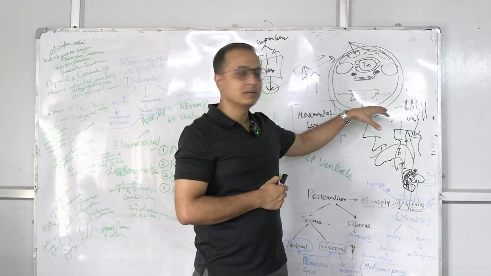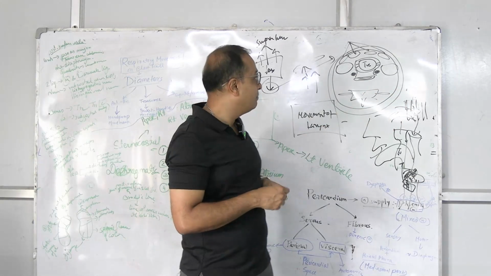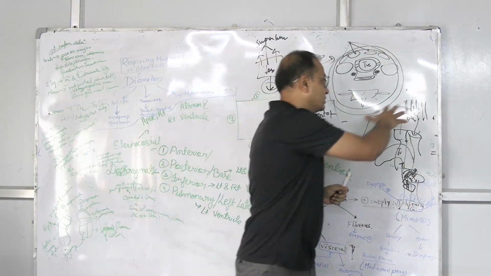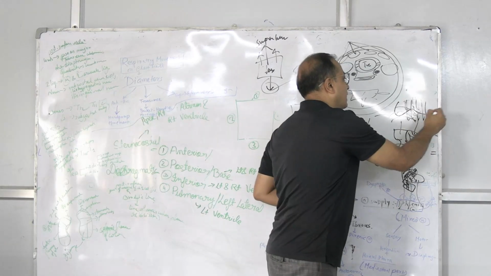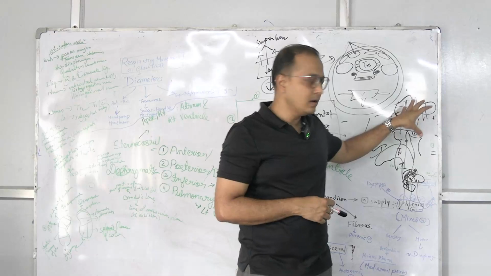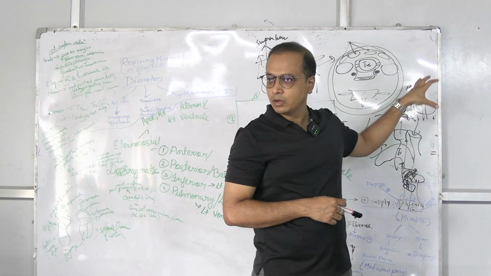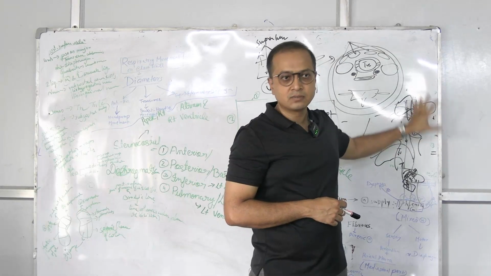Other than this, the strap muscles cover the structures of the viscera, namely a gland which is present here. We call it the thyroid gland. This thyroid gland is present in the region we call the muscular triangle of the neck, which is covered by the strap muscles.